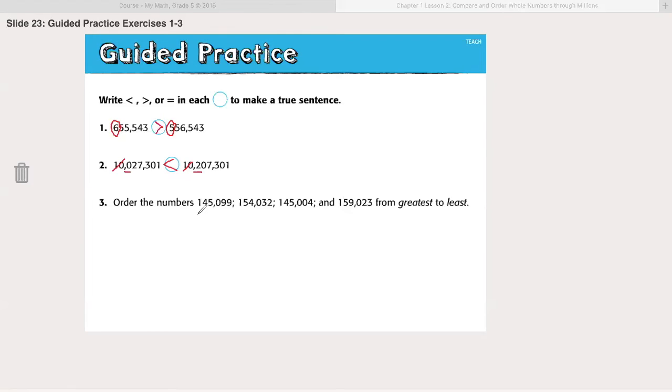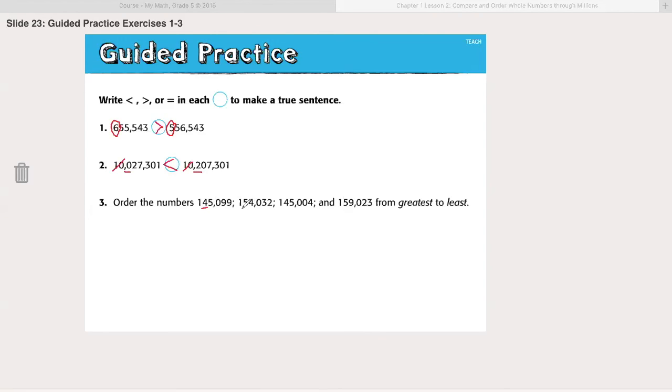Number 3, order the numbers 145,099, 154,032, 145,004, 159,023. We are ordering them from greatest to least. Well, the first thing I'm going to notice is looking at the greatest place value, all of them are in the 100,000s. So I need to go to the next digit over.